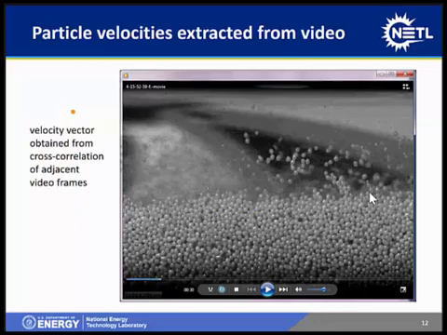So that means we need to extract a velocity from the images. And we did that by taking sequential frames of the video and performing a cross-correlation and using that cross-correlation to extract a velocity vector. So this shows a stationary motion, and in this case, there was no net transport detected by doing our cross-correlation.